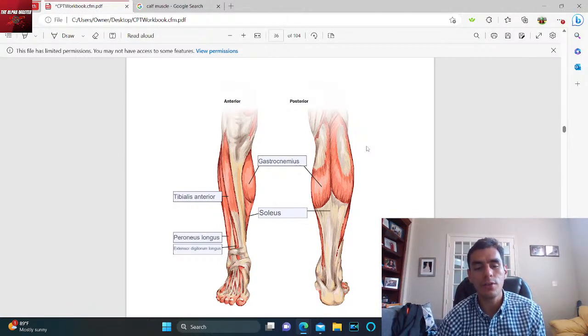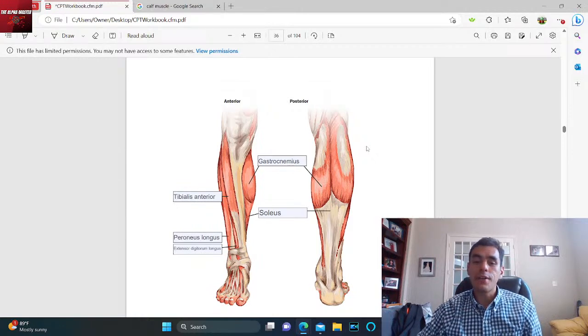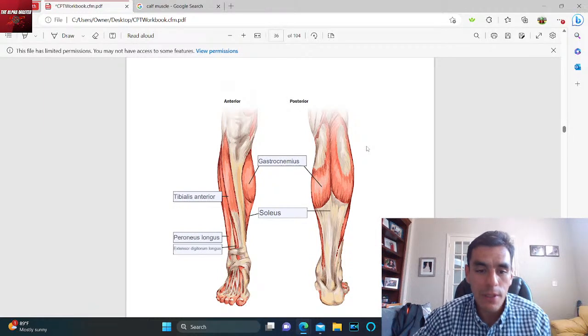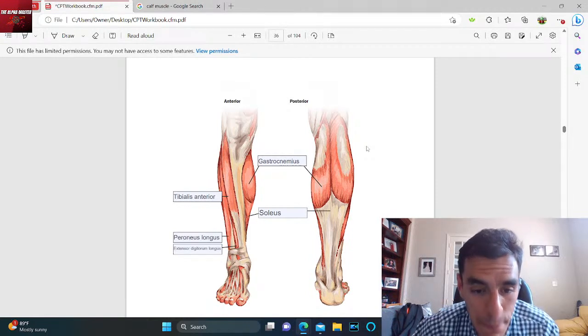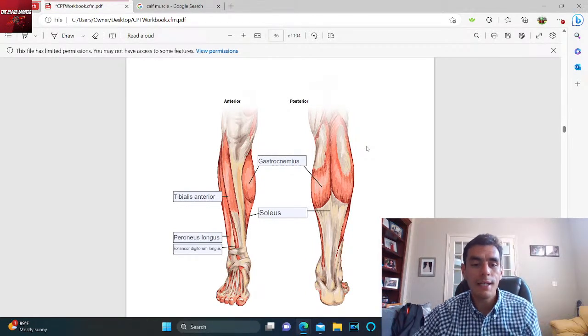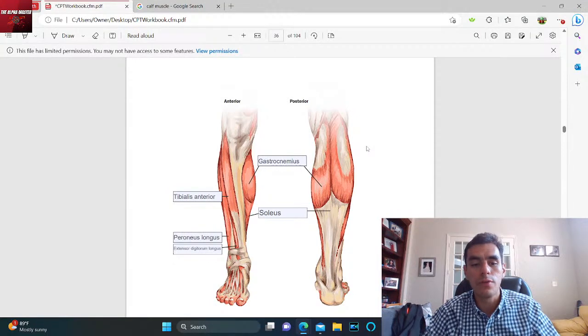So the gastrocnemius, the soleus, the tibialis anterior, the peroneus longus, and the extensor digitorum longus.